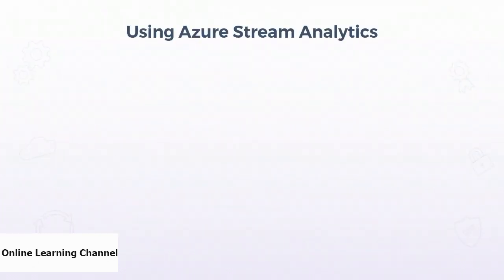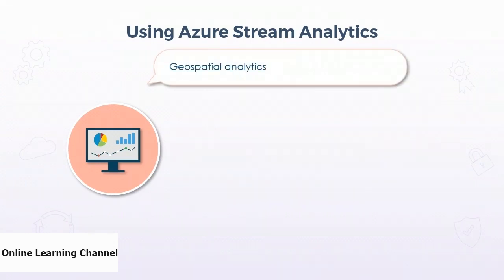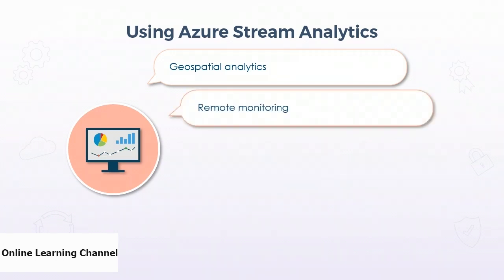Here are some ways that Azure Stream Analytics can be used. It can perform geospatial analytics. For instance, the physical locations of delivery trucks could be analyzed real-time to determine best routes. Important assets, such as gas plants, can be monitored remotely, and Azure Stream Analytics could send out an alert if it determines any anomalies in the incoming data.